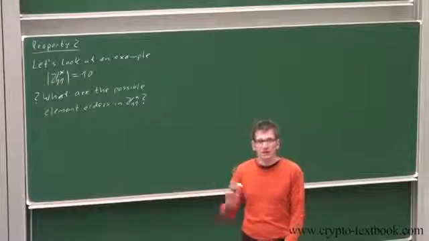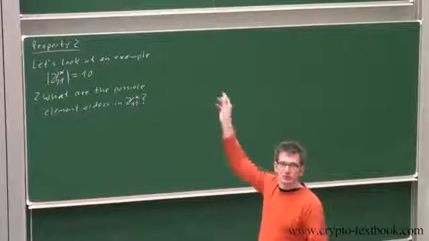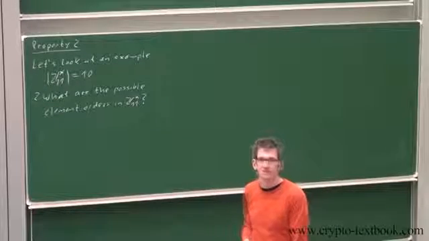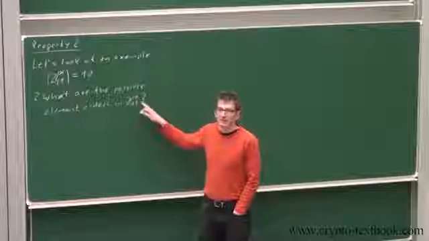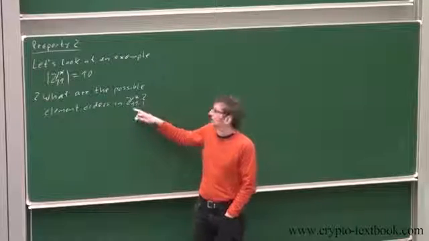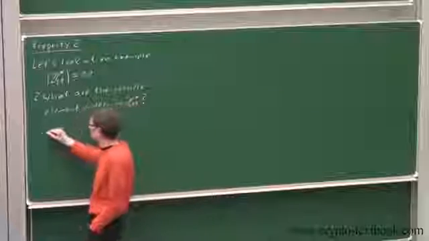So what do we know about the possible orders from property 2? What does property 2 tell us? It must divide the group cardinality, right? Group cardinality is 10, so what are the possible orders?